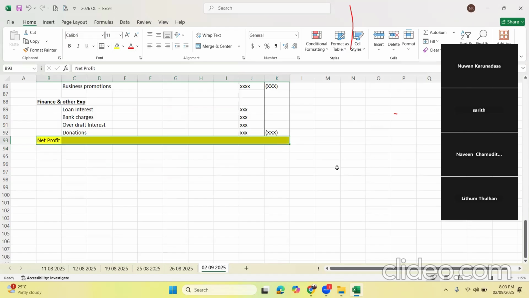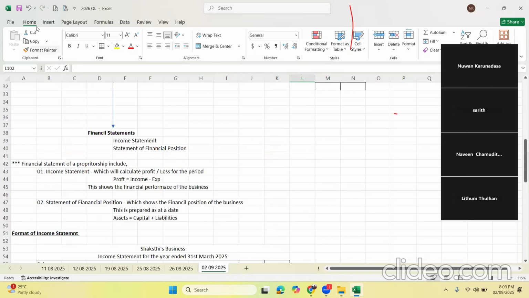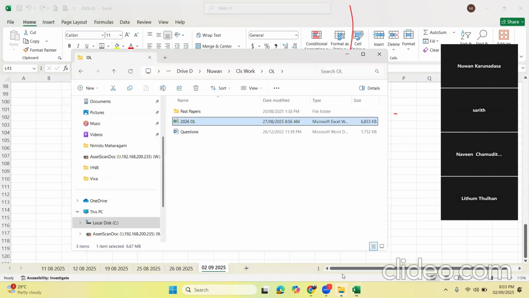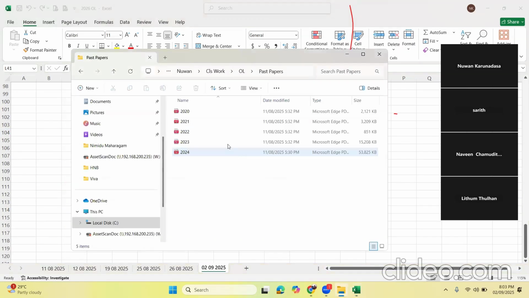Very important. This is the format of the income statement. Remember, students, this will definitely be tested in your paper. So we'll see one of the questions in the paper.